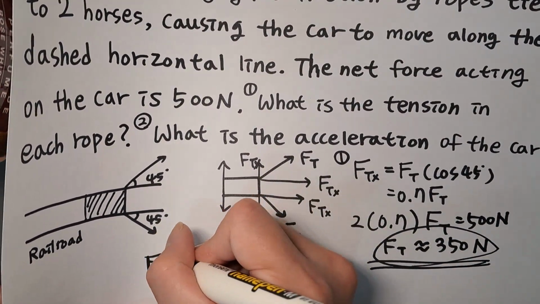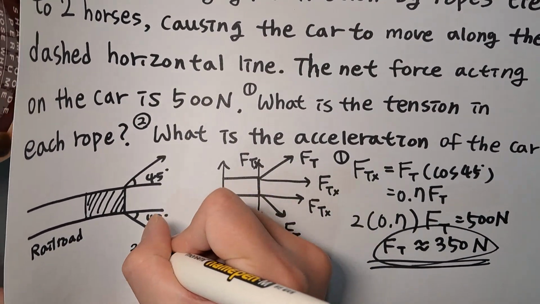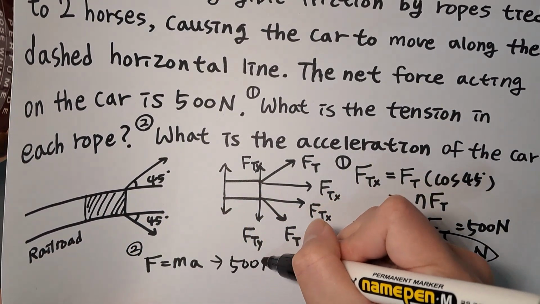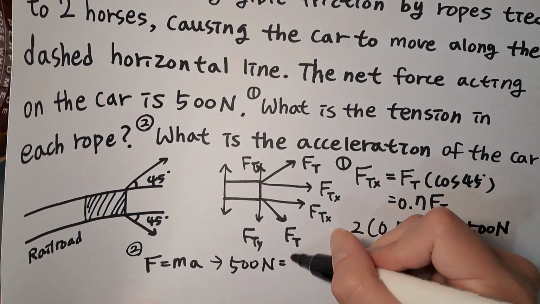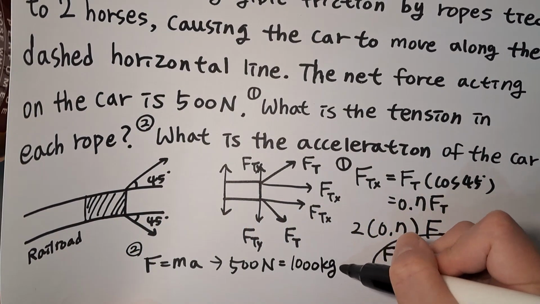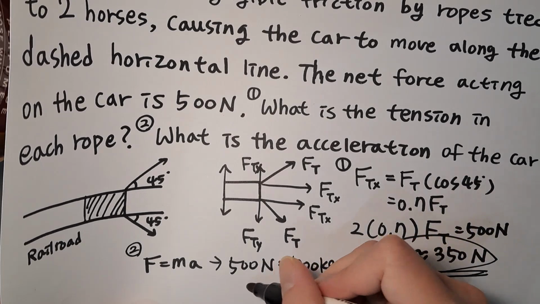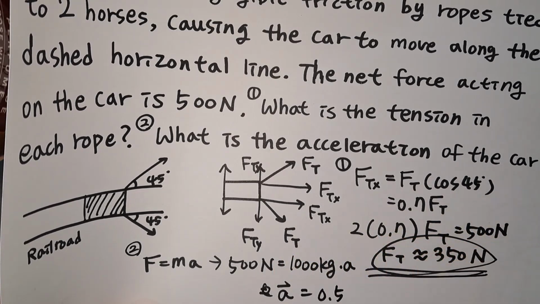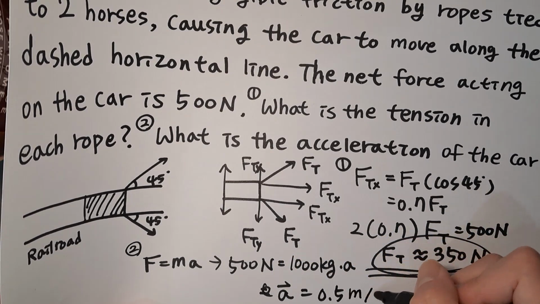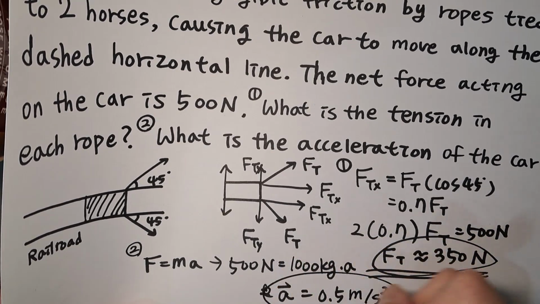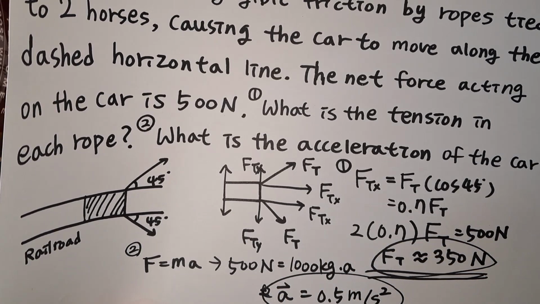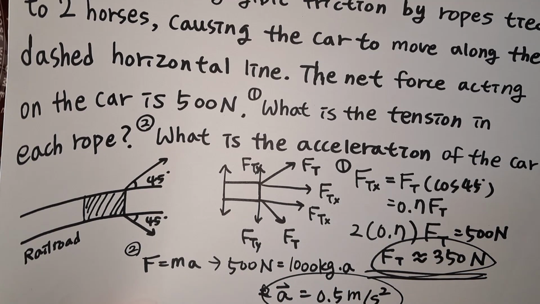And we are going to find the answer to the second question. So the acceleration of the car is going to be 0.5 meters per second squared.